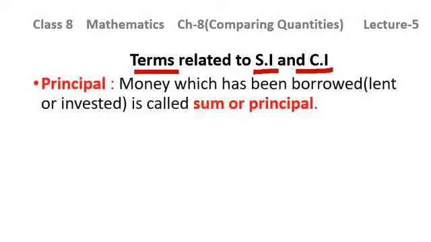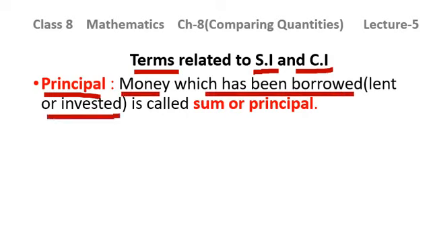Principal. Principal is the very first term related to both. How will you define principal? What actually is the principal? Money which has been borrowed, lent or invested. The money which is borrowed by you or by someone, or lent or invested, is called sum or principal.